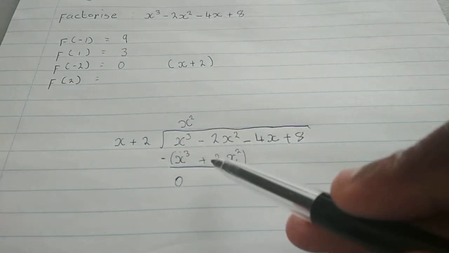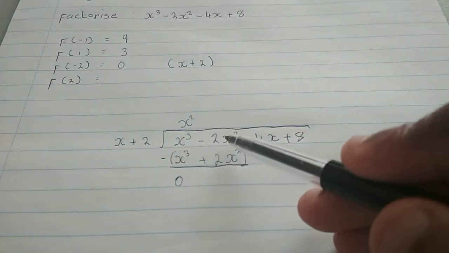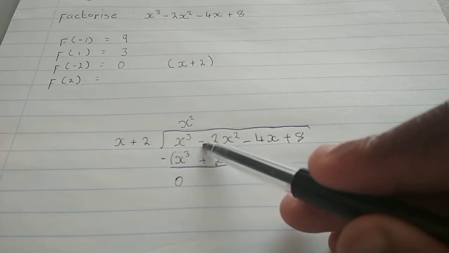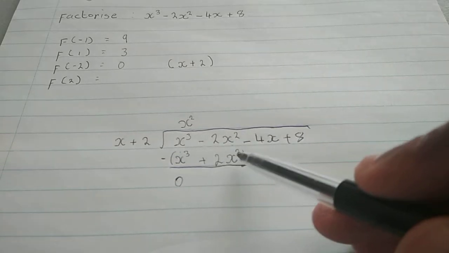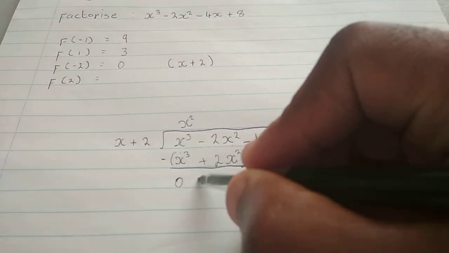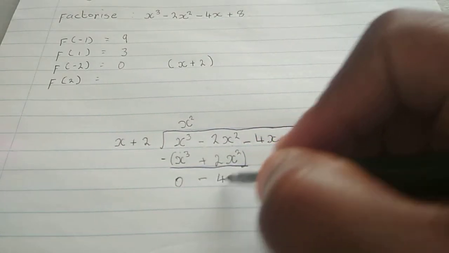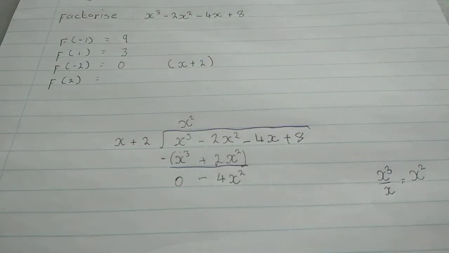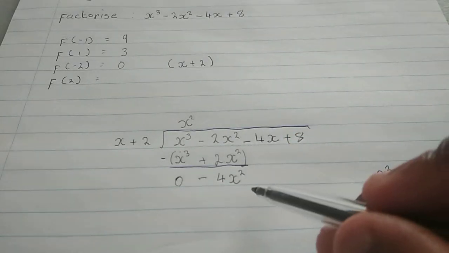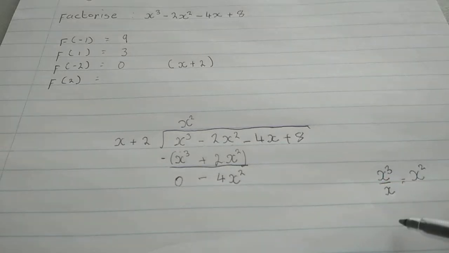And then I'm going to say minus 2x squared minus 2x squared, that gives me minus 4x squared. Okay, then from there I'm going to take this minus 4x squared to the side.